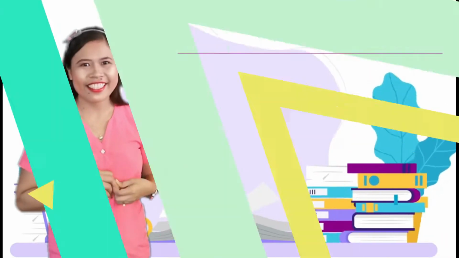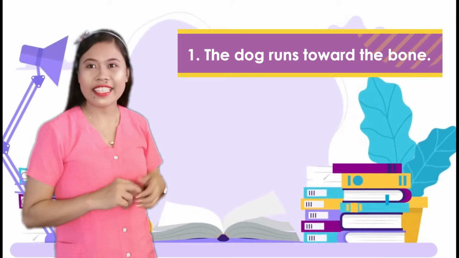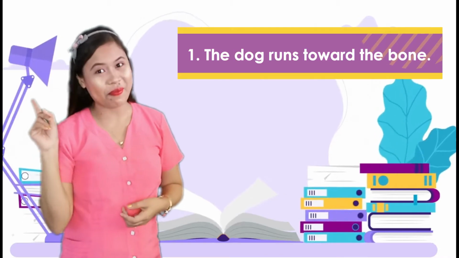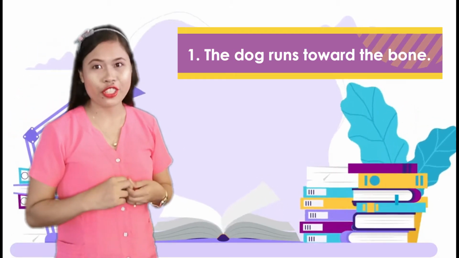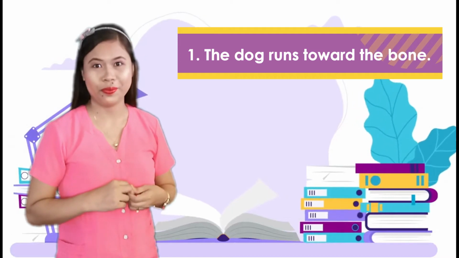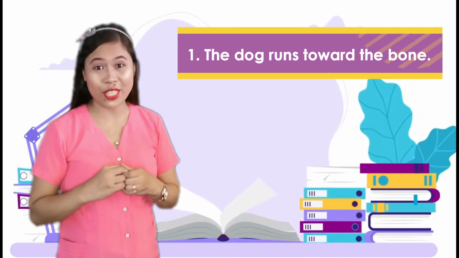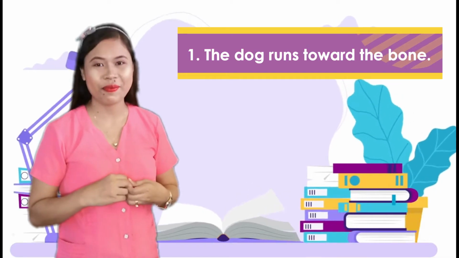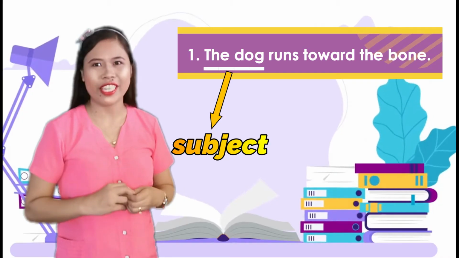Great job, kids. Now look at this box. Let's read the sentence together after the beat. The dog runs toward the bone. Kids, can you tell me what the subject is in this sentence? Correct. The dog is the subject.